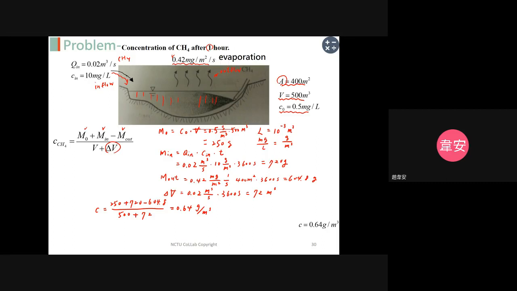Okay, so take a look. This is the concentration after 1 hour, and this is the initial concentration. So the concentration has increased. We need to notice that with this inflow condition, the concentration of CH4 in river water will increase. So it's very dangerous for the rivers.